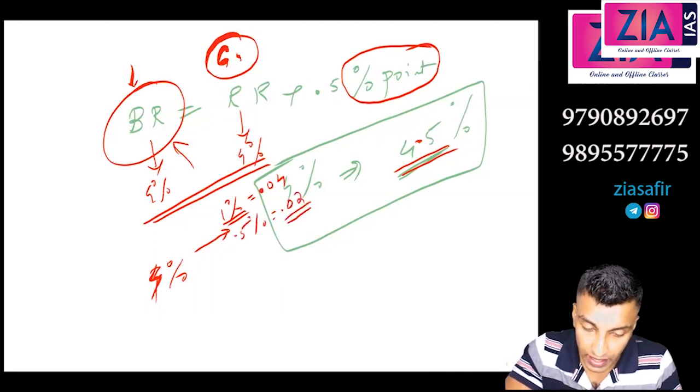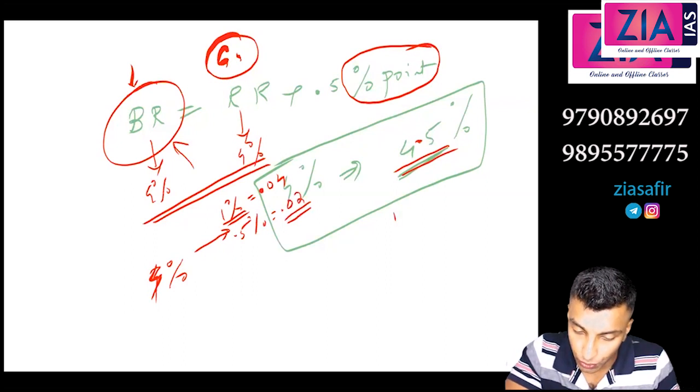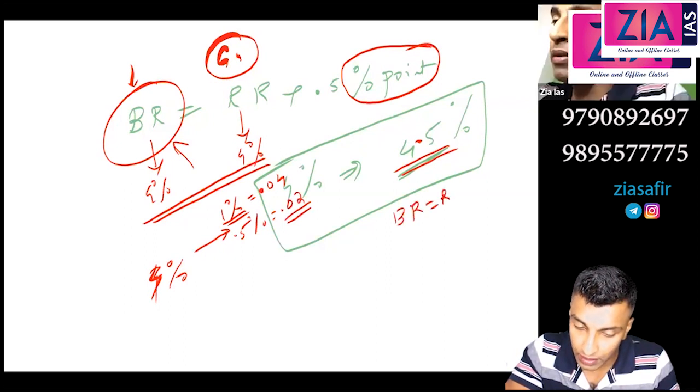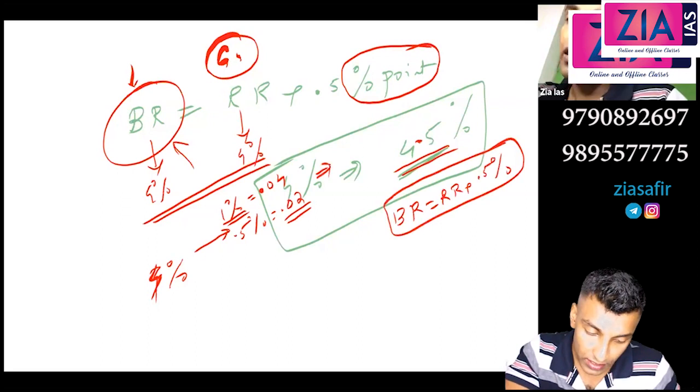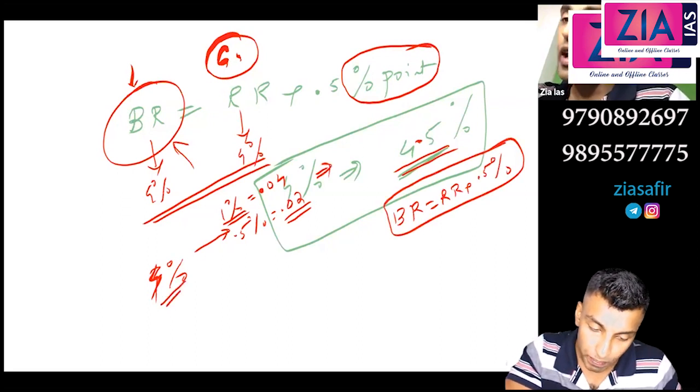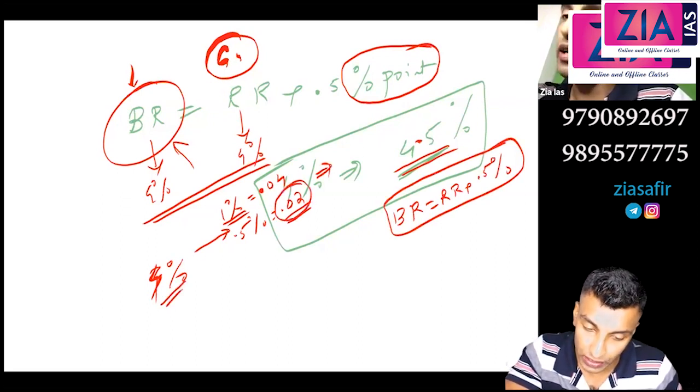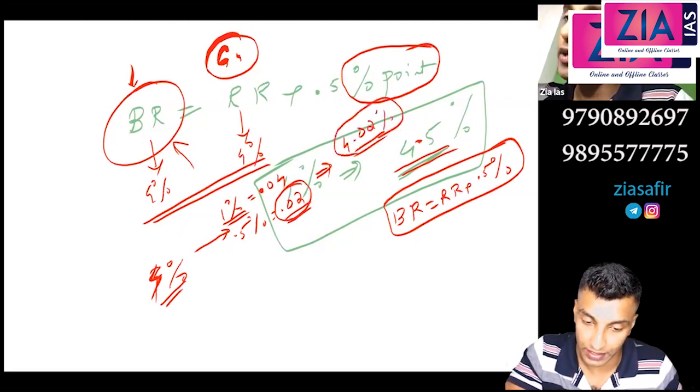Okay, so if I'm saying bank rate equals repo rate plus 0.5 percentage, then what will be the rate? 4 is the repo rate, and 4 plus 0.02, right? 4.02 should be the bank rate if I go with percentage. You got it?